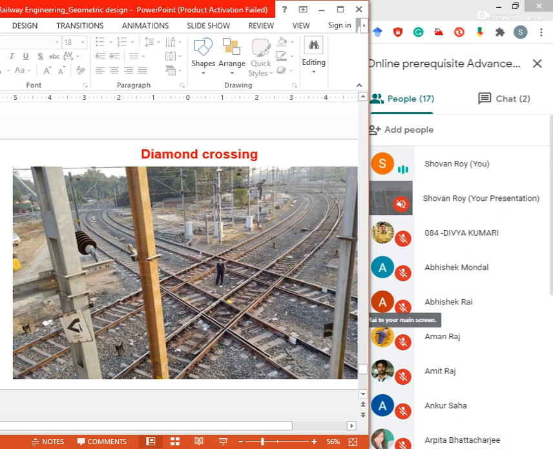But in rural areas, normally village areas, very remote pockets, where local trains or passenger trains are available, we can see the single line system.